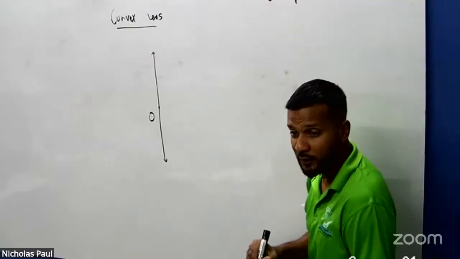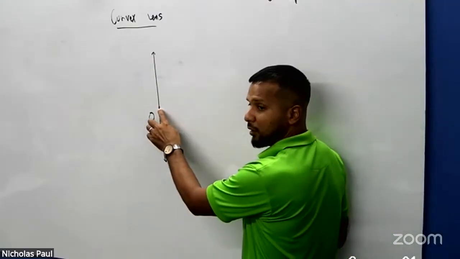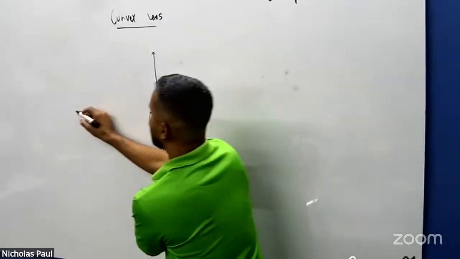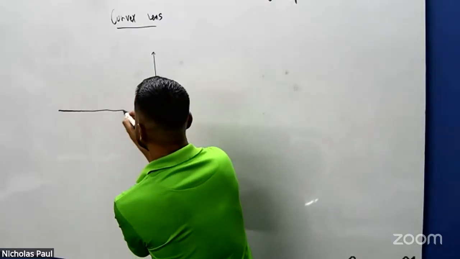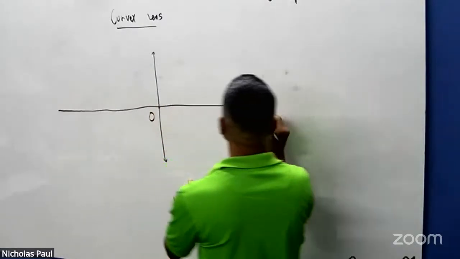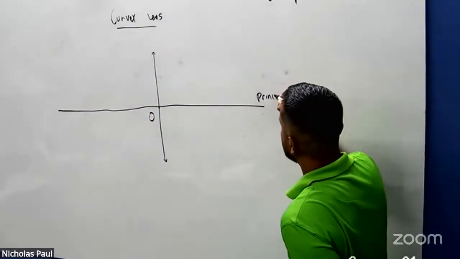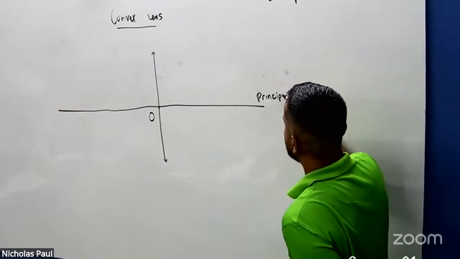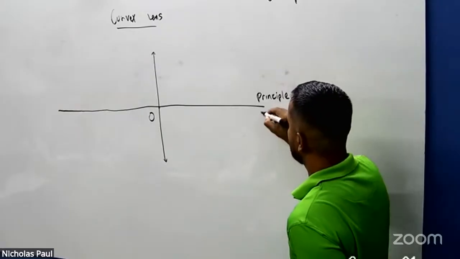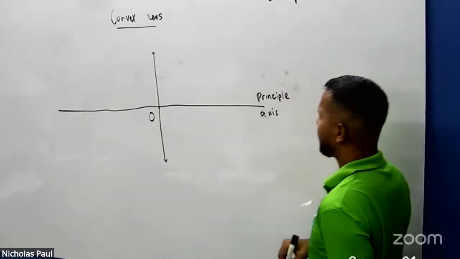Perpendicular to the optical center is an imaginary line called the principal axis.